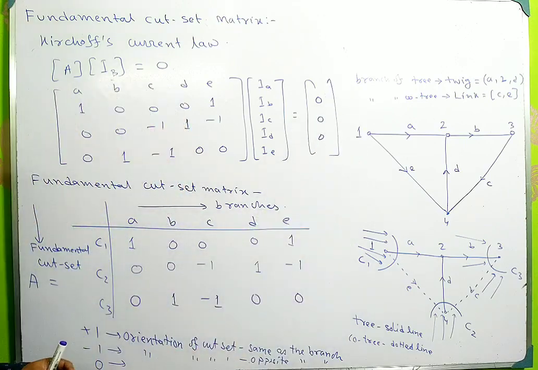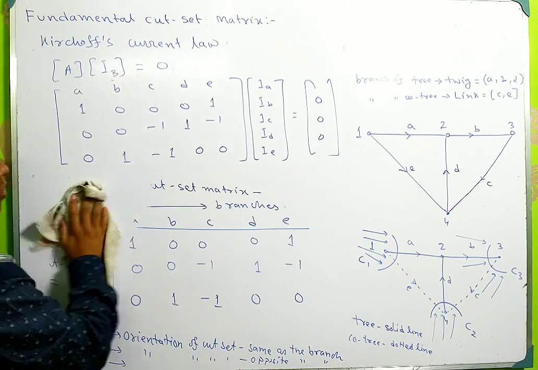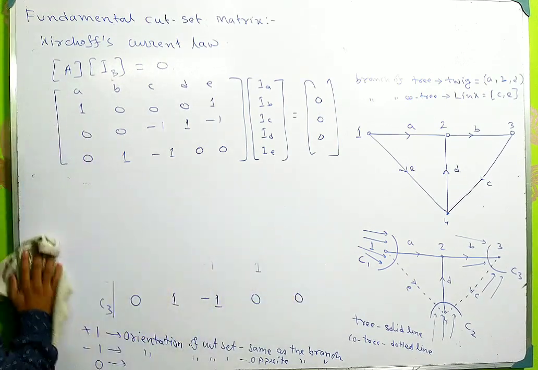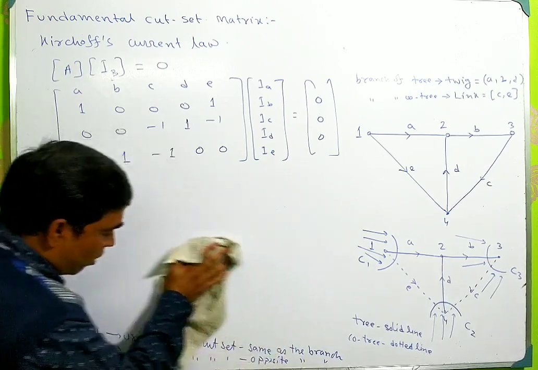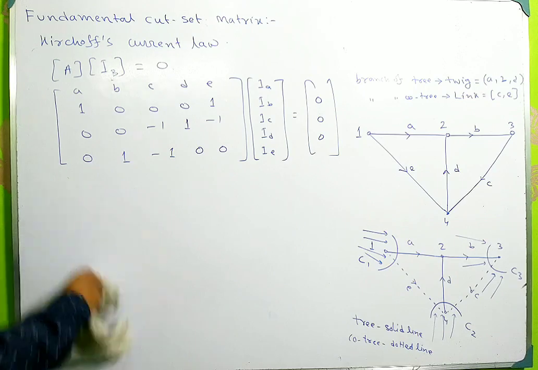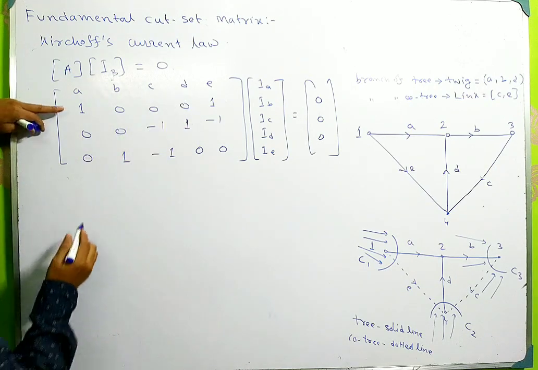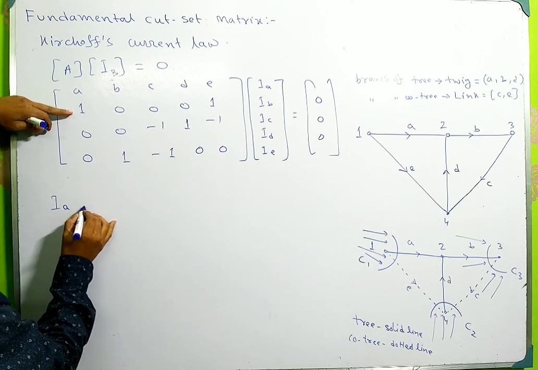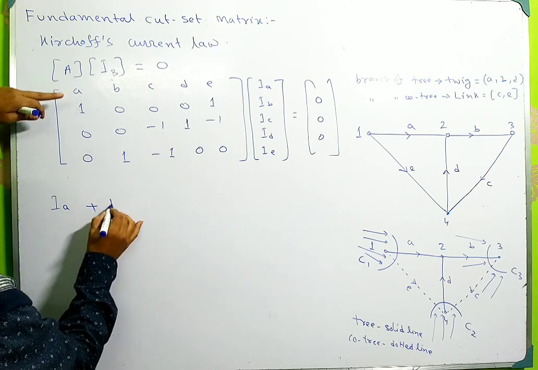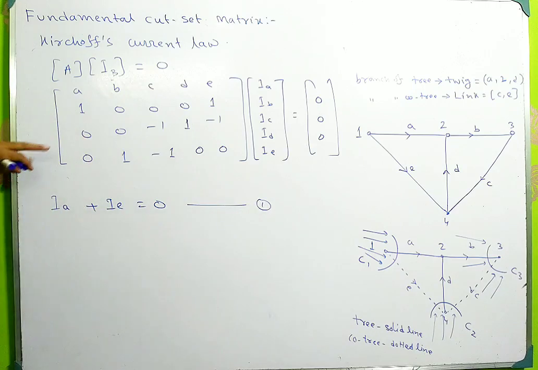Okay, so from each row we take one KCL equation. So there are a number of KCL equations from this cut set matrix. From the first row, IA plus IE equals 0. This is equation number 1.